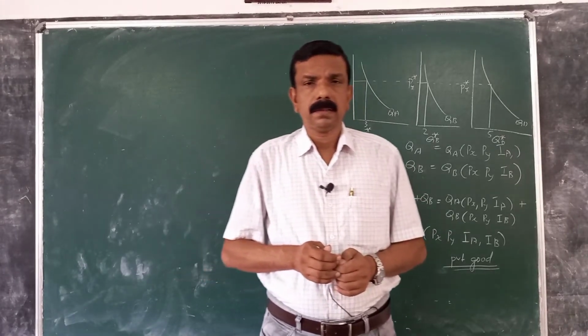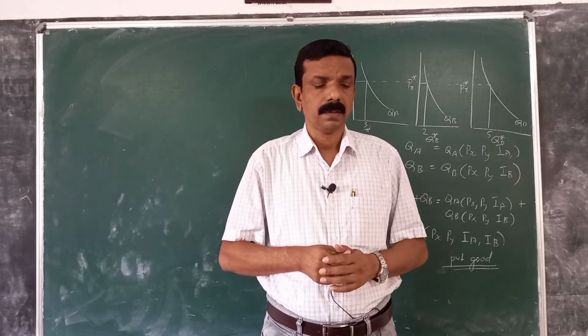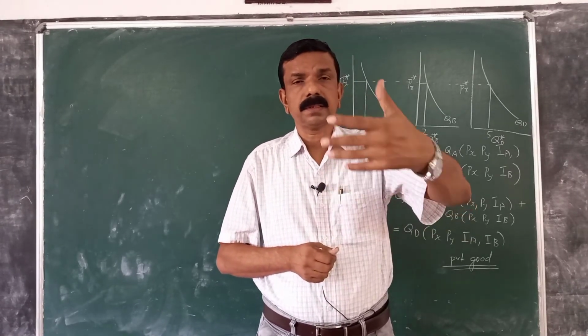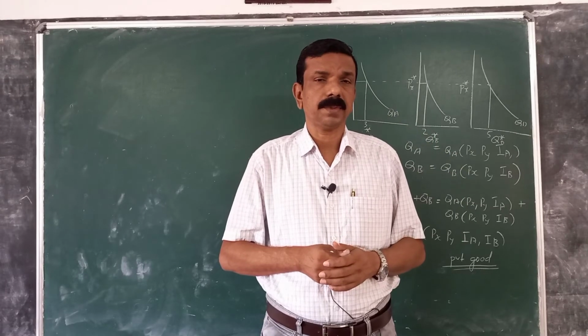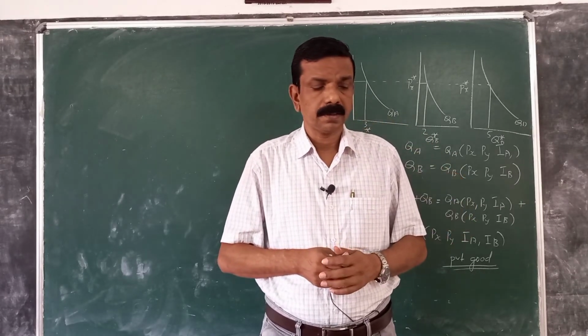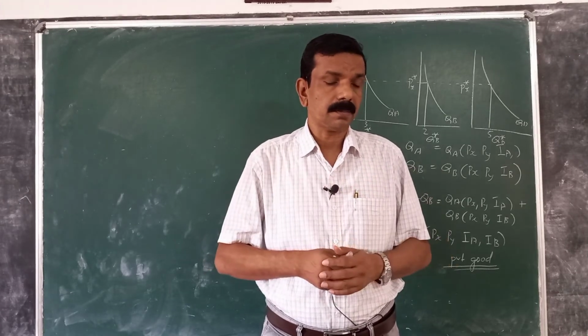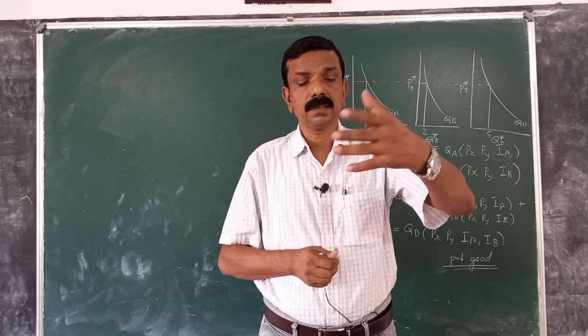And this market demand curve will shift over time if there is a change in the taste and preferences of the consumers, if there is a change in income of the consumers, if there is a change in the price of another commodity, or if there is an increase in population.